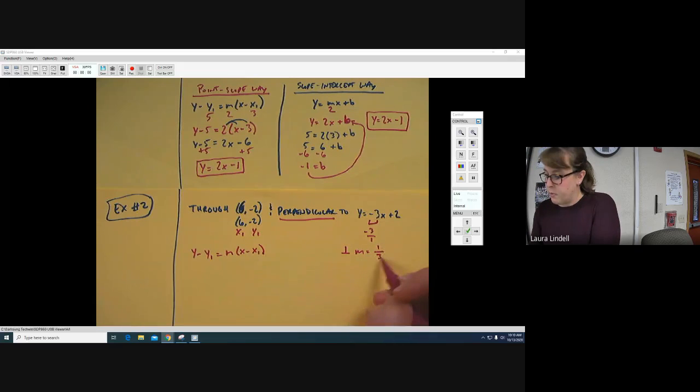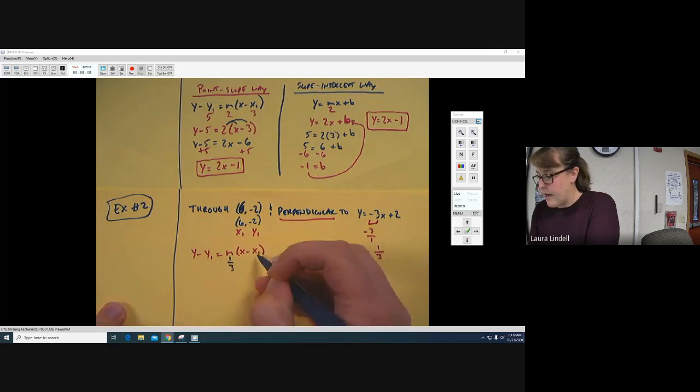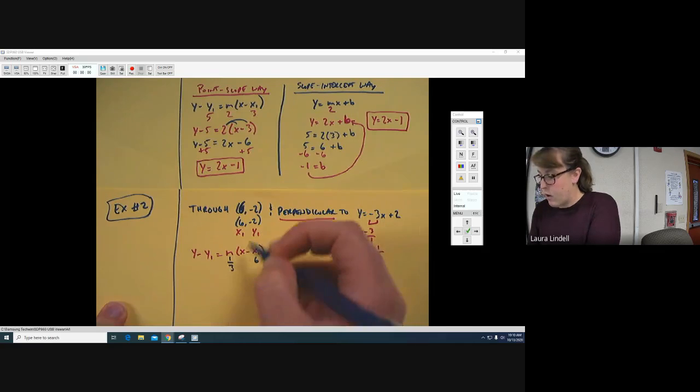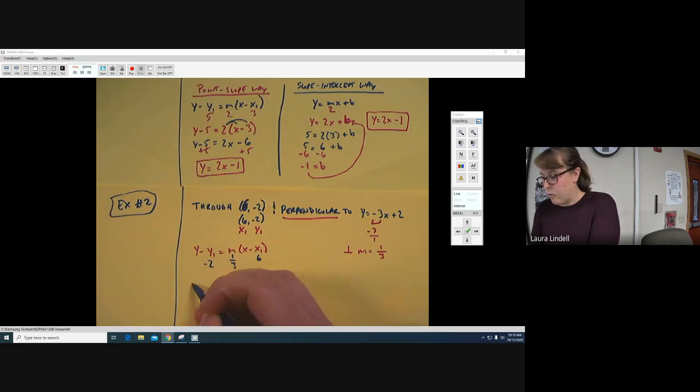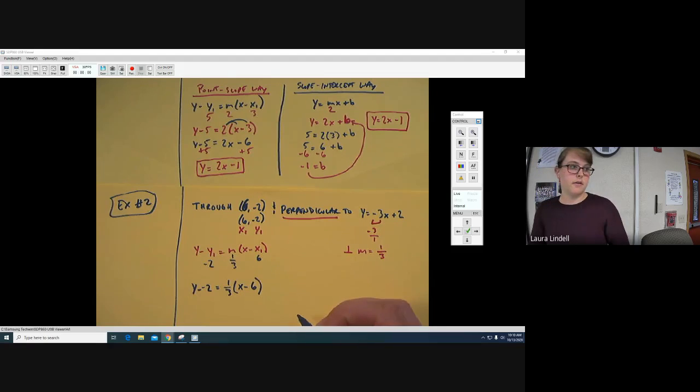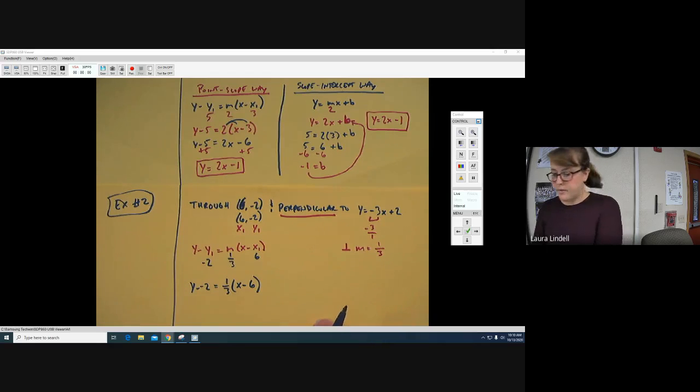So my new slope is going to be 1/3. x1 will be 6. y1 will be negative 2. So we have y minus negative 2 equals 1/3 times x minus 6. Okay, then we have to distribute.